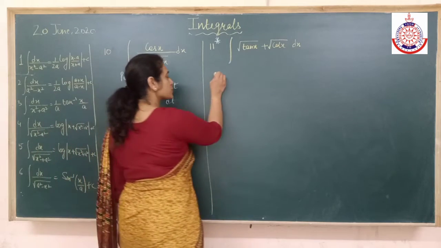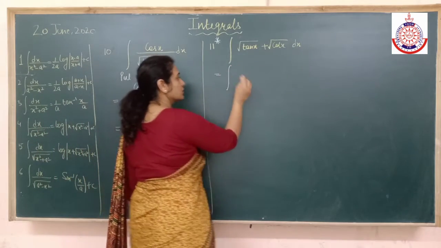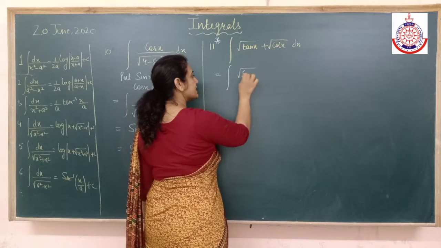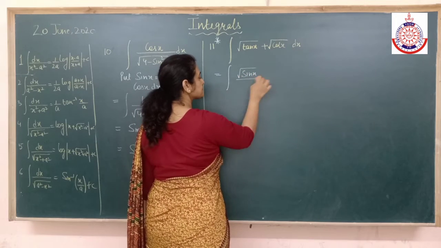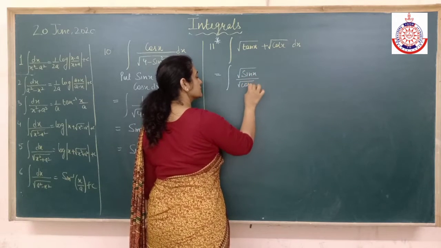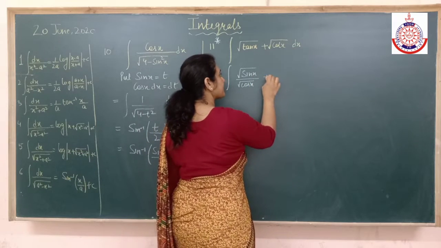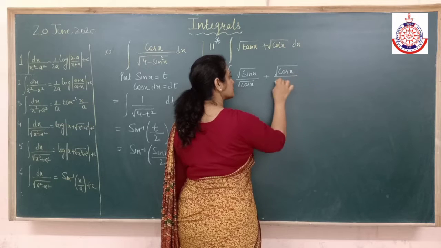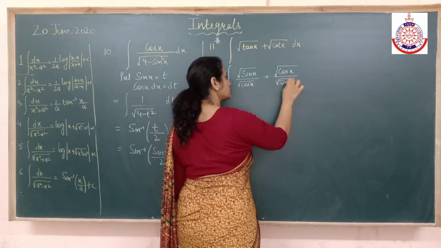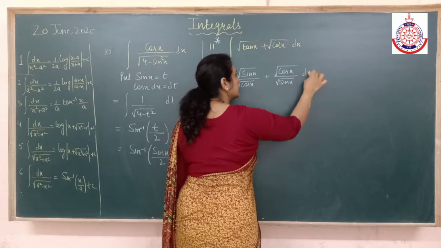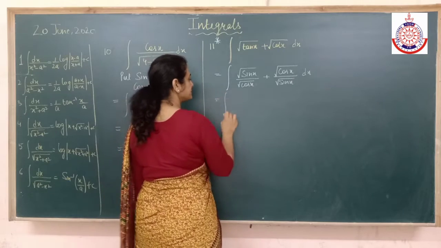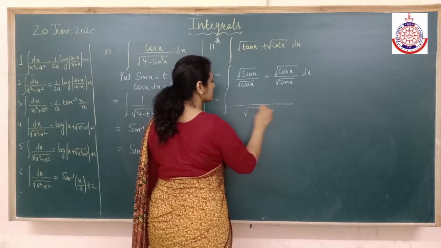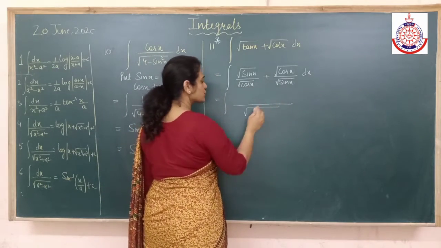So what am I doing in this question? I am going to convert into sine and cos. So I will write this tan x as root sine x over root cos x, plus root cos x over root sine x. Take LCM. Root cos x into root sin x is LCM.